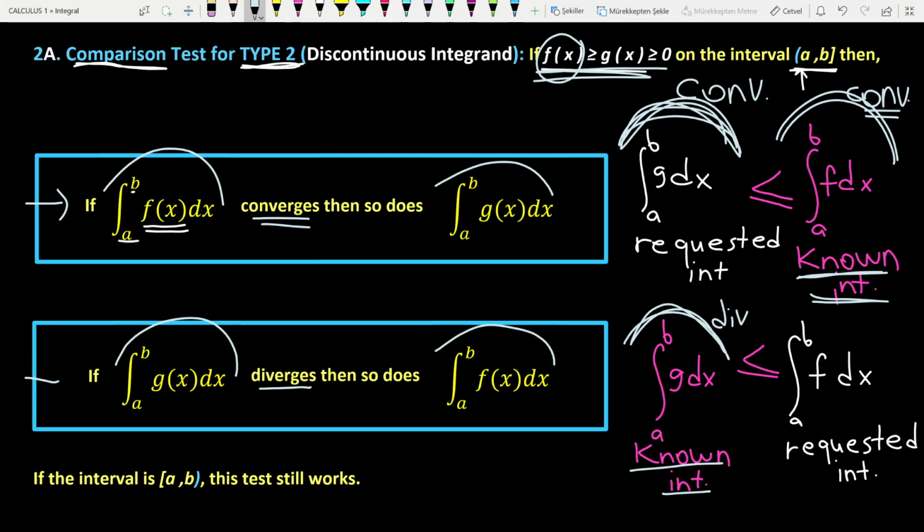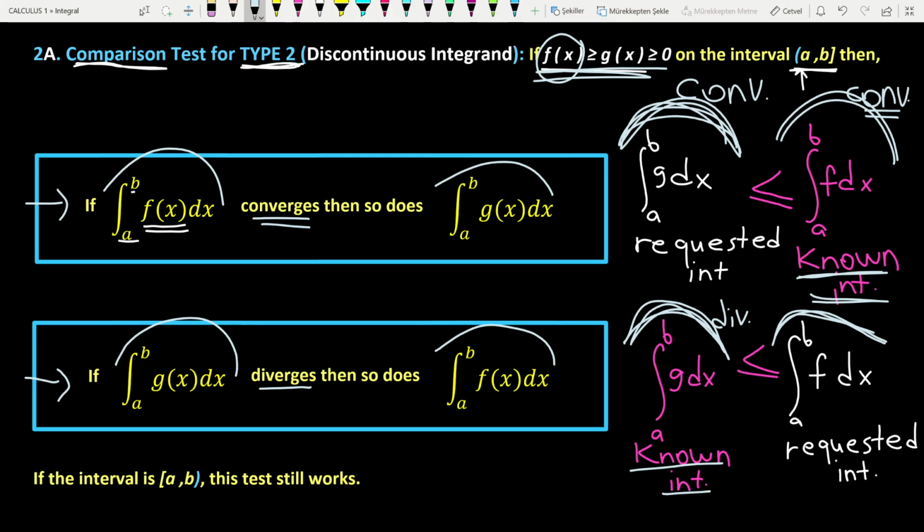What does it mean? The answer of the smaller one is infinity. This is why we can say that the answer of the greater one must be infinity. The answer of the greater one cannot be a number, since this is greater, right? This is why we have the second case.